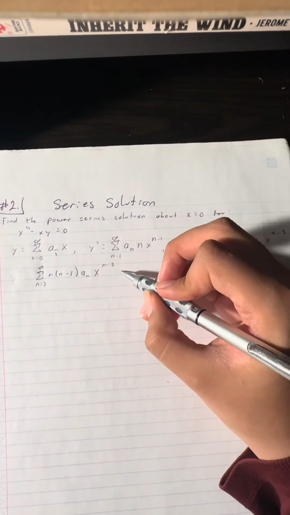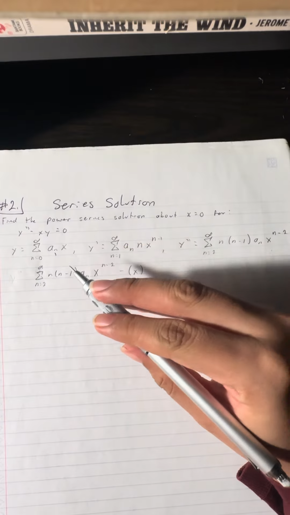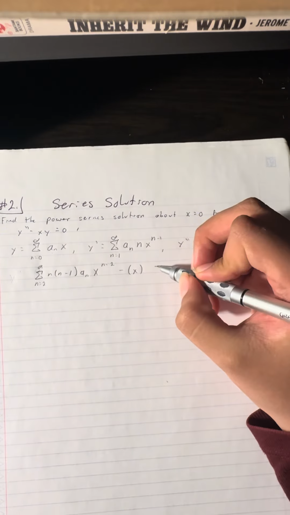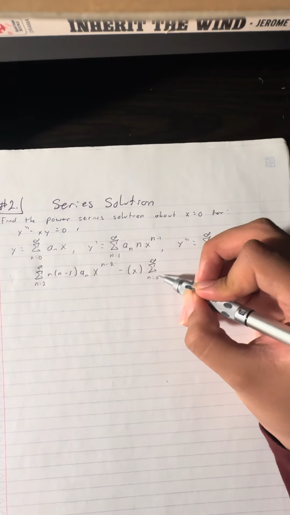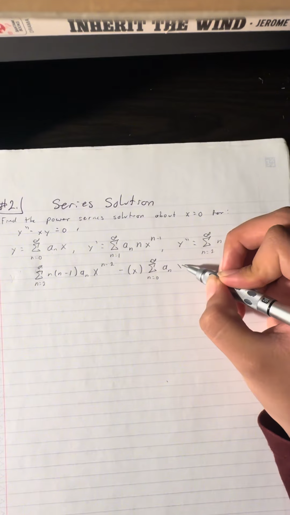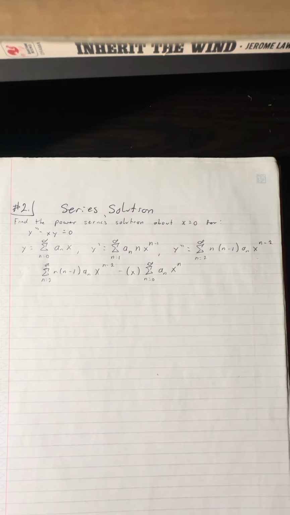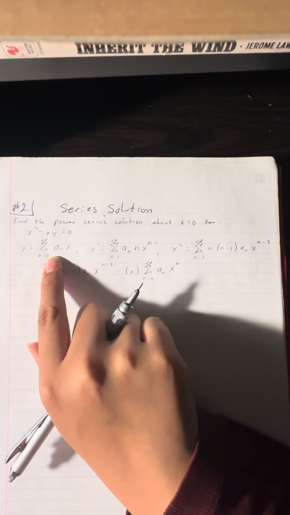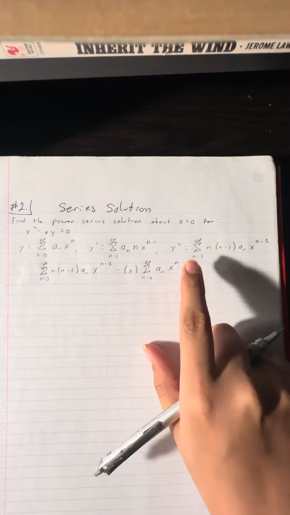And then minus x and y, which is just the sum. Okay, now I realized I wrote this part wrong. I forgot to put the exponent and I already added it there.